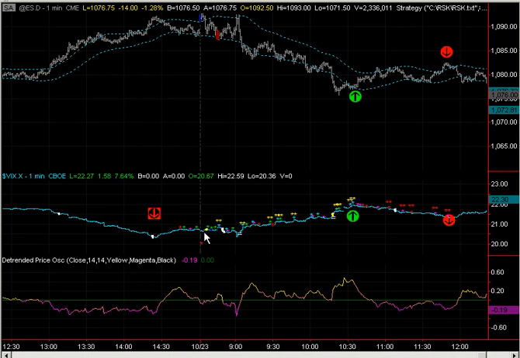Comparing this point here to this point here, this is lower. Normally what we would expect is that the Spoos would be higher. Lower low on the VIX, higher high on the Spoos. That doesn't happen. In fact, you just only get a lower high. That's a type 2 divergence. Exhaustion on the VIX, another reason to short the market.